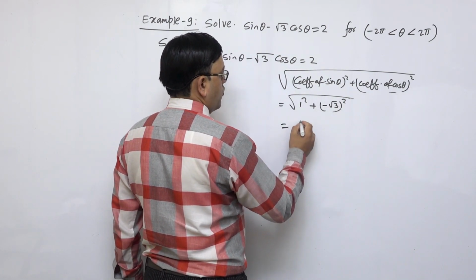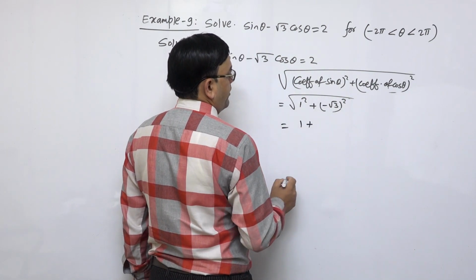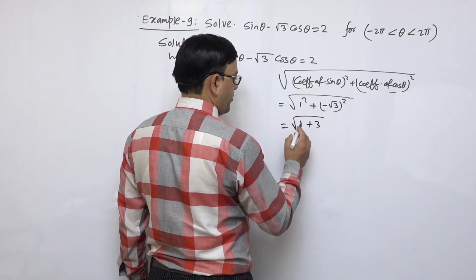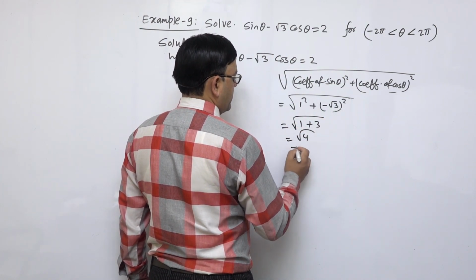Now this is equal to 1 plus 3, so it became 4 and that one is 2.